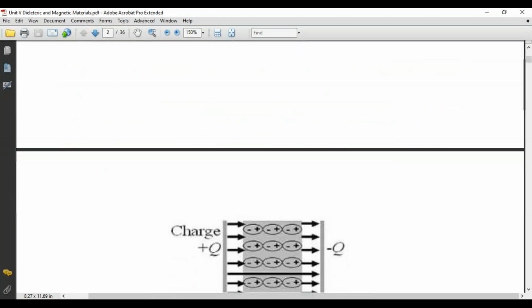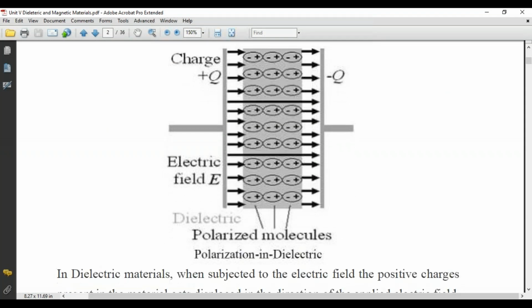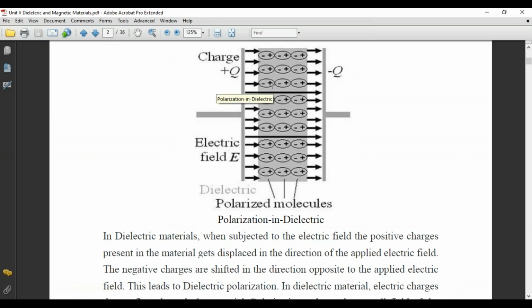Now if you go to the next one, see this diagram. In this diagram, this is a dipole. This is a negative charge and a positive charge separated by a certain distance. This is one dipole, and like that you can see so many dipoles. These dipoles are arranged in a particular order when you apply an electric field.